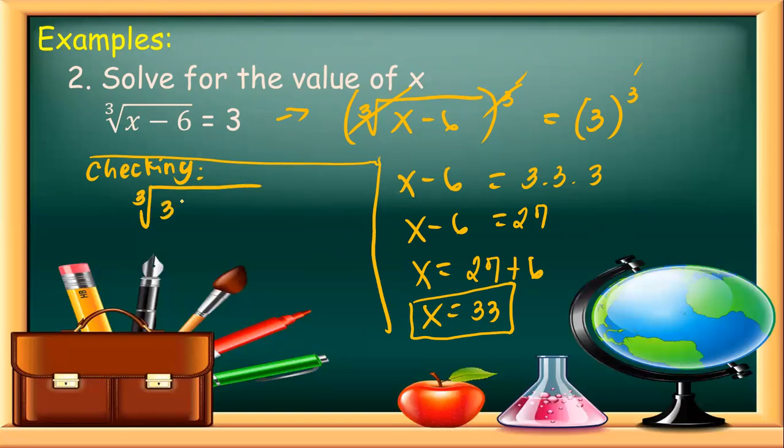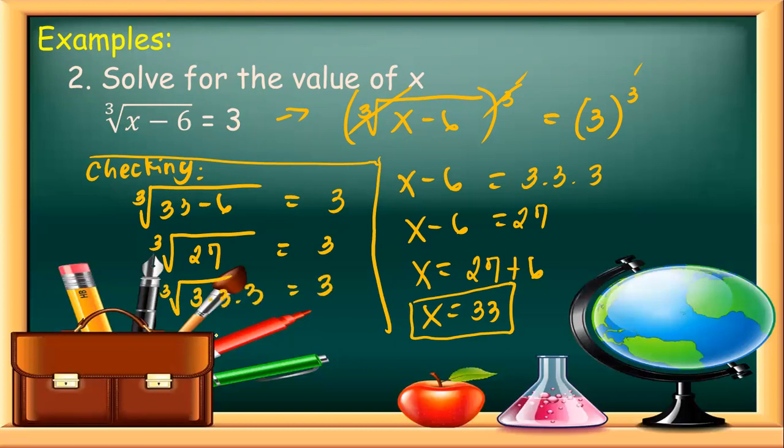So we have the cube root of 33 minus 6 equals 3. 33 minus 6 is 27, and the cube root of 27 is 3 times 3 times 3, which is 3 cubed, and we can cancel. So we have 3 equals 3. Our answer is correct.